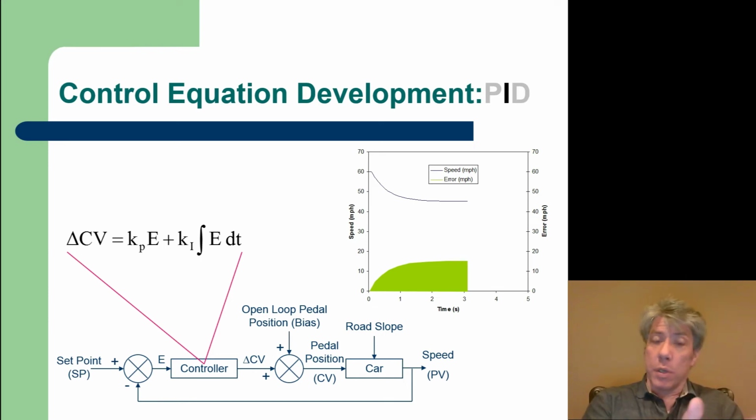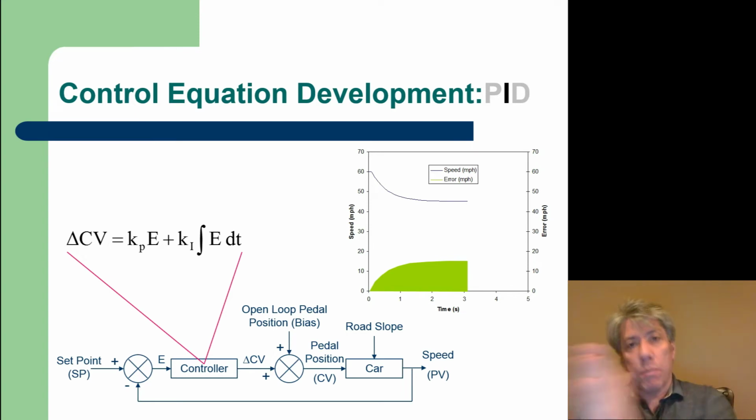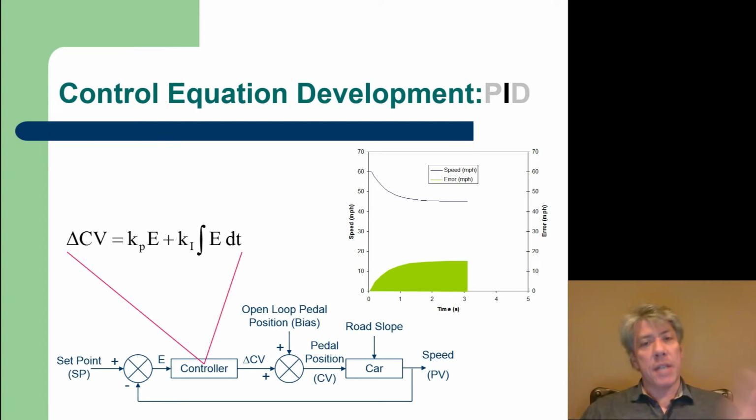We've got the proportional term still, now we have an integral term, and those two together, the sum of the two, decide how much to push the gas pedal. So what will happen as time goes on is the integral term will be the one saying, no, let's change the gas pedal more, let's push it farther, let's push it farther. It's adding to the change in the gas pedal position, the change in the control variable.